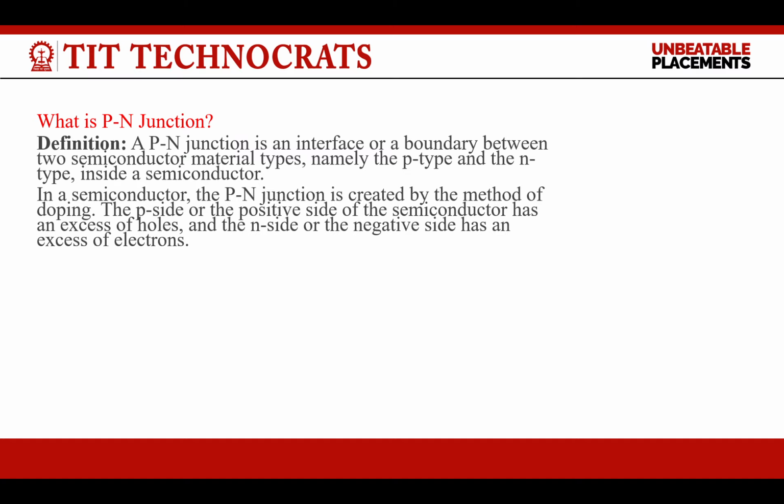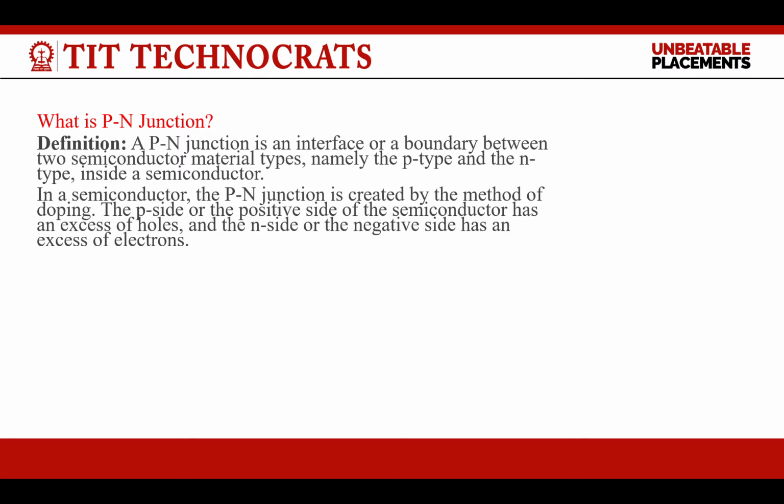Now the p-n junction. It is an interface or boundary between the two semiconductors, that is p-type and n-type material, inside the semiconductor. The p-n junction is created by the method of doping.